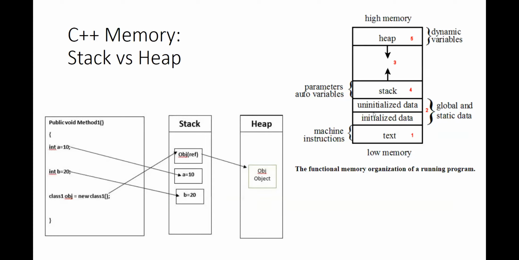And so if you have static variables, some global variables, they come in here. And then we have stack memory, which is allocated for each function, each method separately. And then we have heap, which is allocated at runtime dynamically.